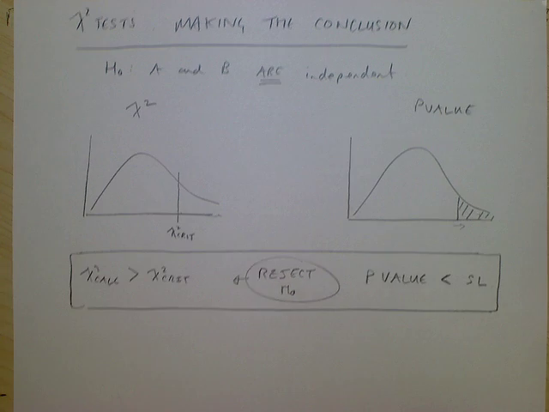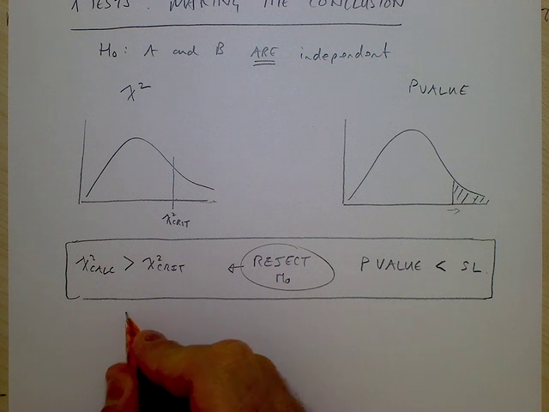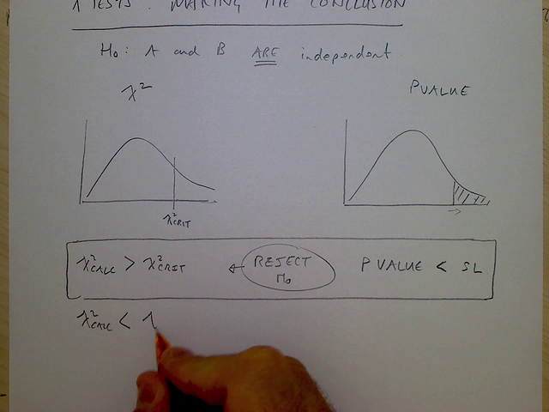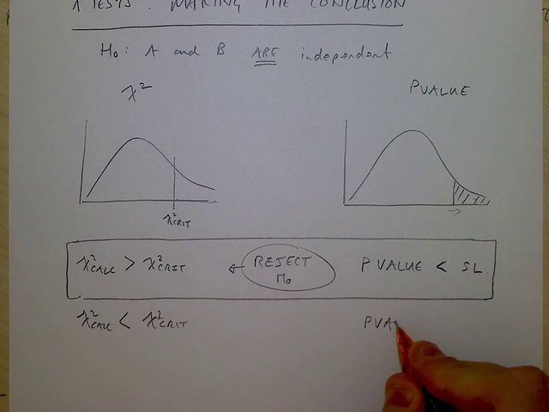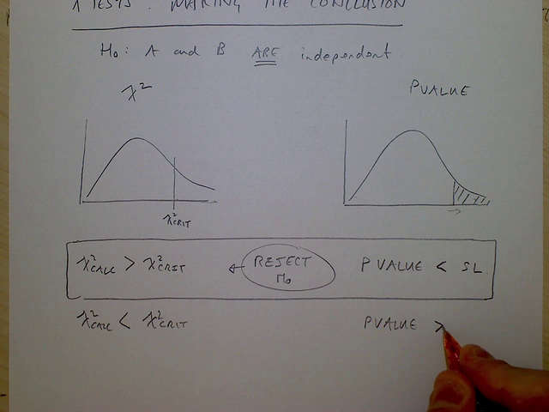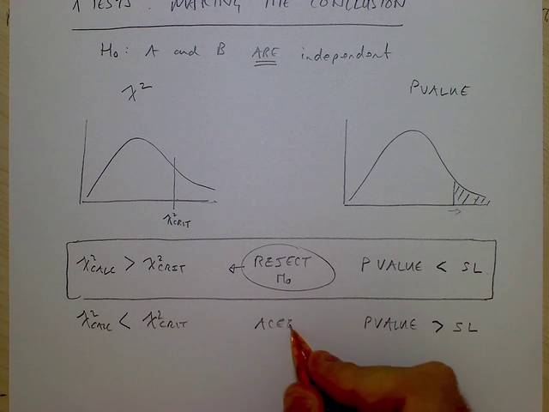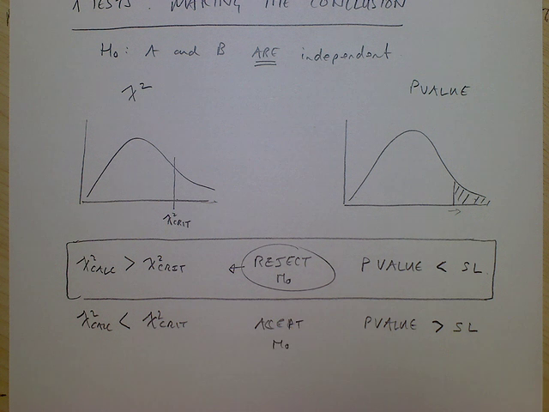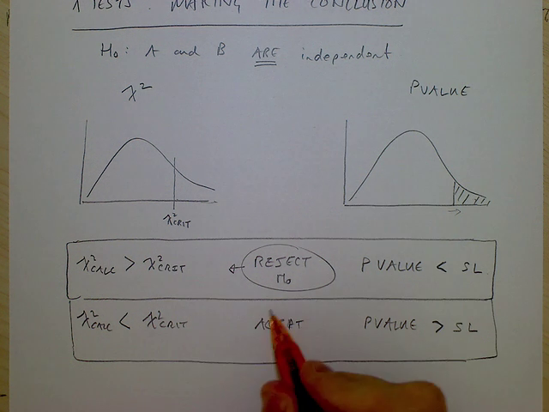And of course, to complete that, if the chi-squared calc is smaller than the chi-squared critical, or if the p-value is too big, is bigger than the significance level, in that case, I'm quite happy to accept H0. So those are my criteria for accepting or rejecting.